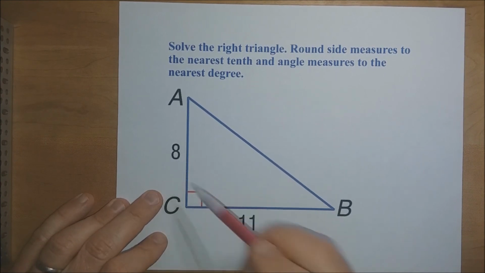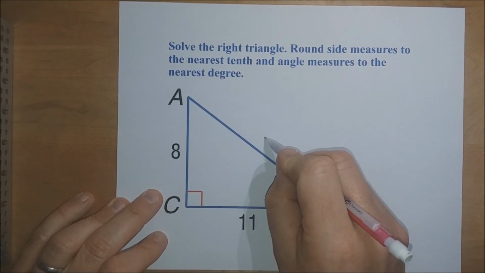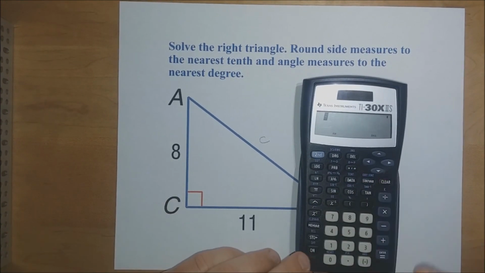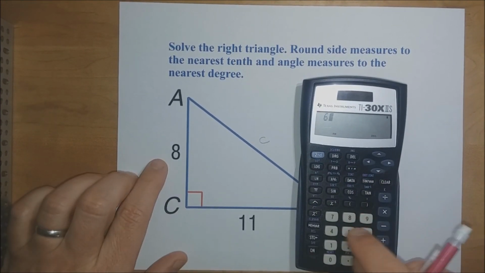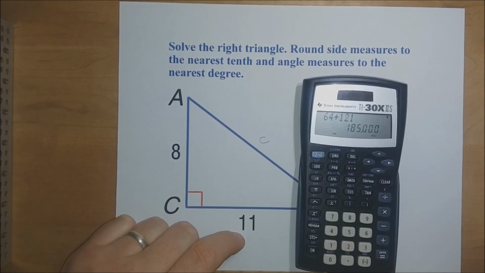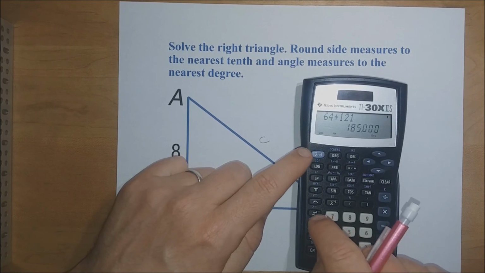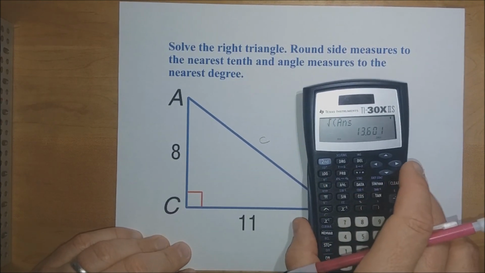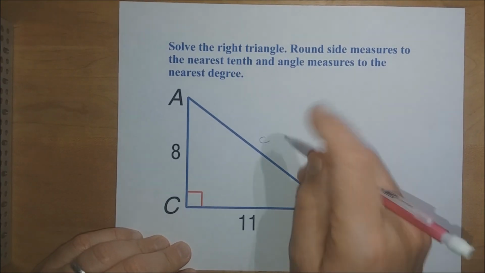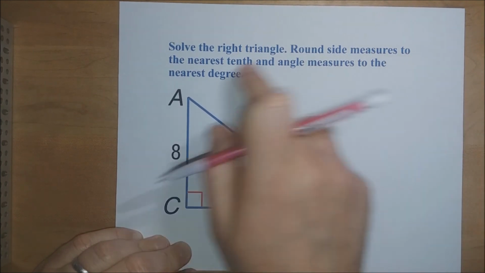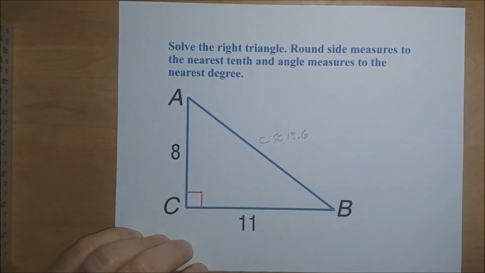We know that a squared plus b squared will equal c squared. 8 squared is 64, 11 squared is 121, so we get 185. Let's take the square root of that, and we get about 13.60 approximately. Round side measures to the nearest tenth, so we'll call that 13.6.